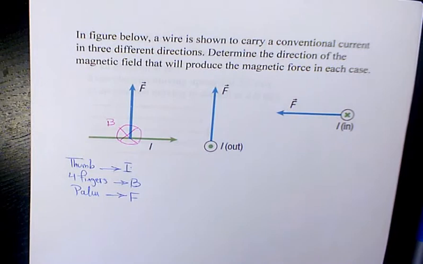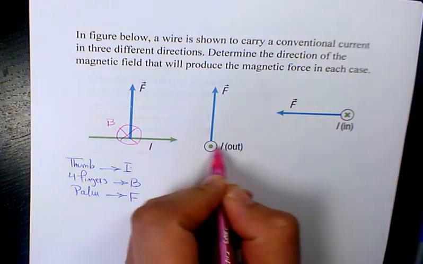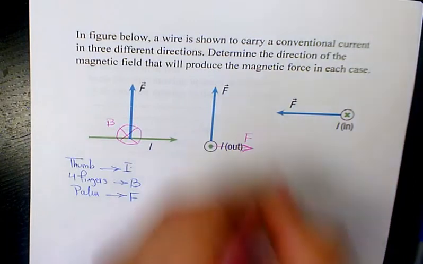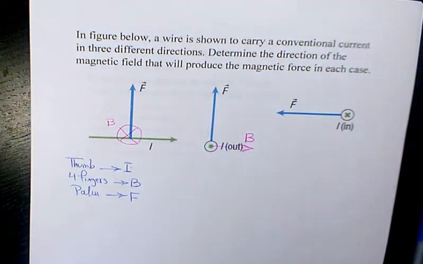Next one, thumb is going to come out because that's the direction of I, and your palm is showing the F direction, which is going to be toward north. If you do it such a thing, your four fingers are going to be toward right. So that's the direction of the magnetic field.